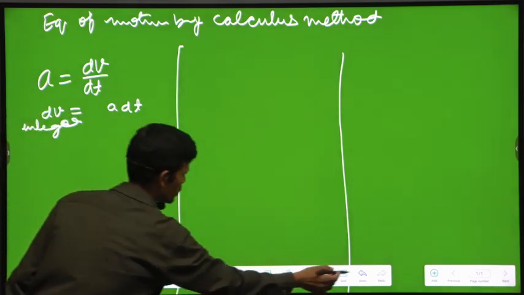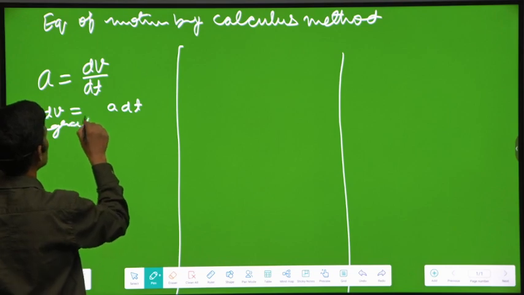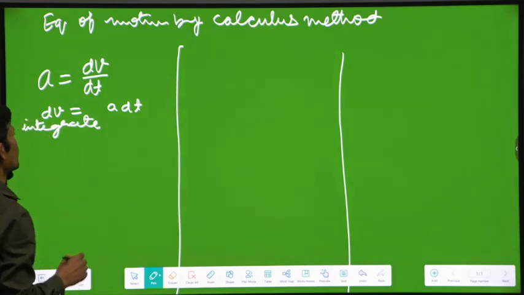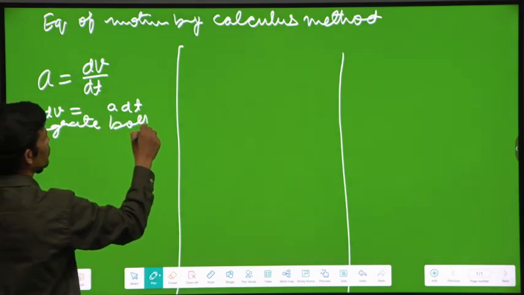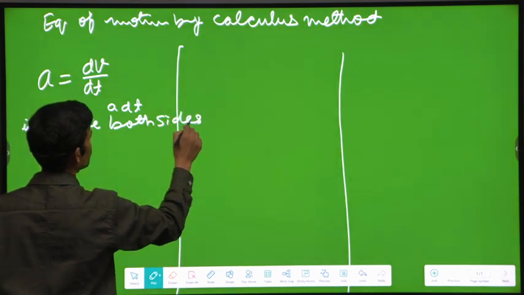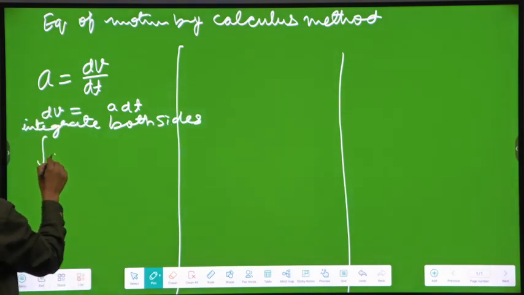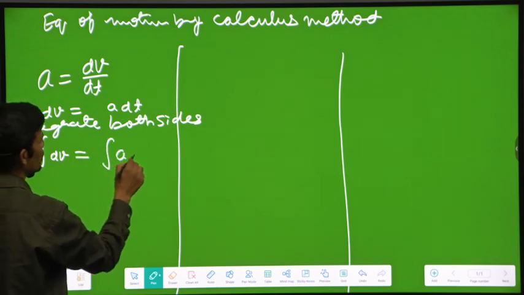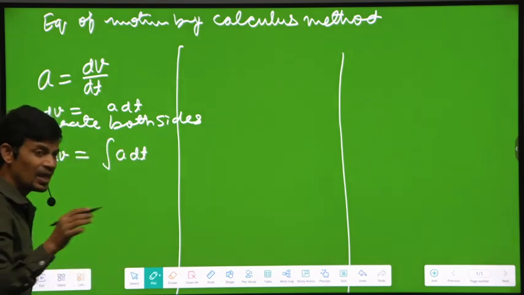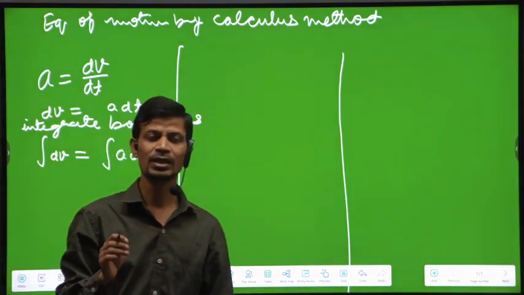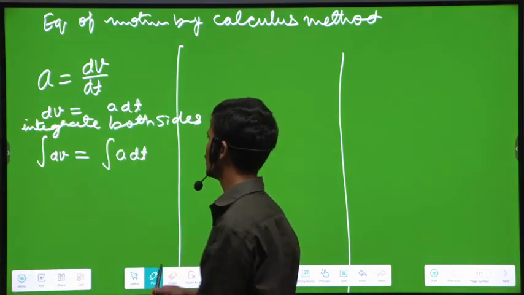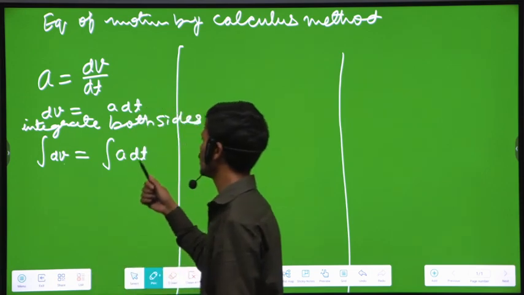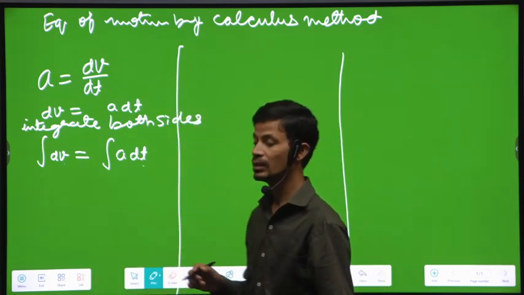Oh god, what a silly mistake. Great. Both sides. dv equal to integration a dt. Any variable can be integrated. So here dv, v variable is integrated, and here t variable is integrated.